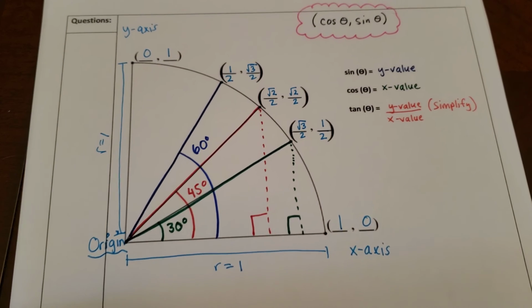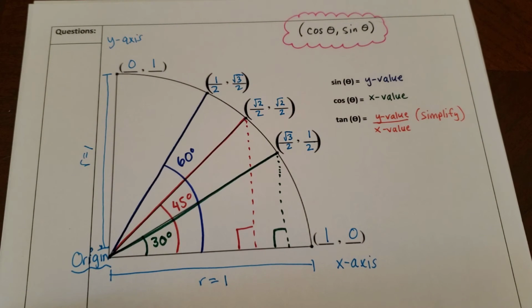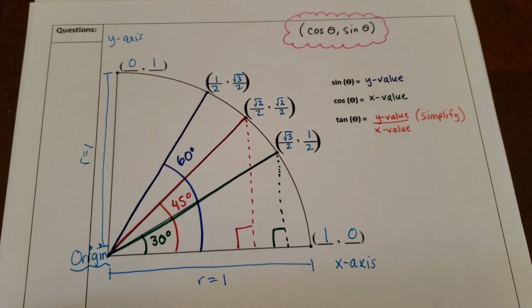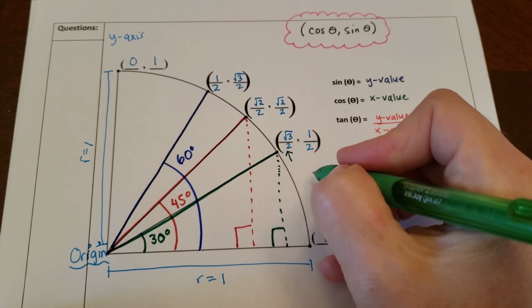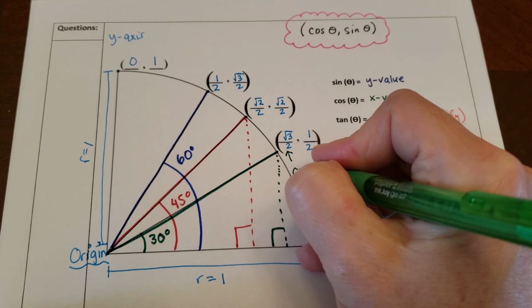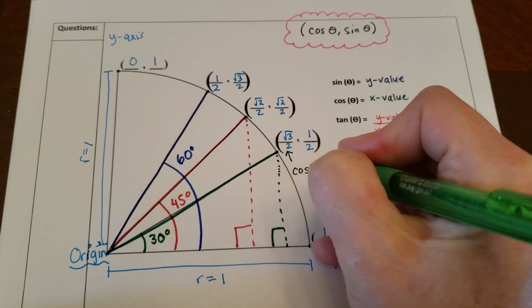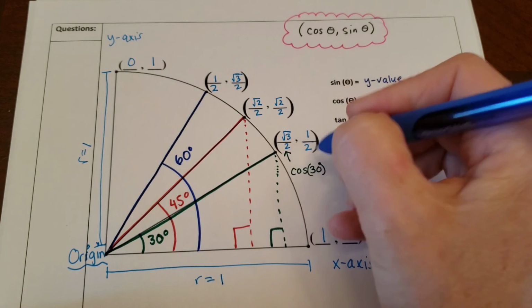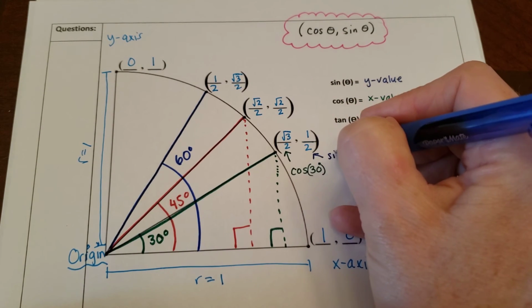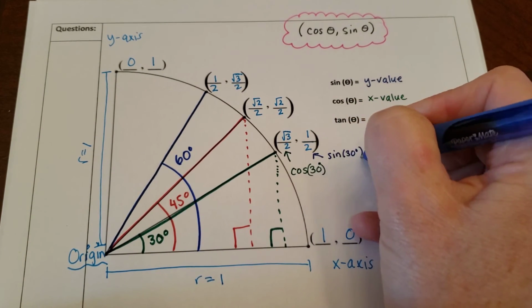One thing I also wanted to point out is that these values not only correspond to our triangles, but they are also representative of angles. So this radical 3 over 2 is cosine of 30 degrees, and this 1/2 is sine of 30 degrees.